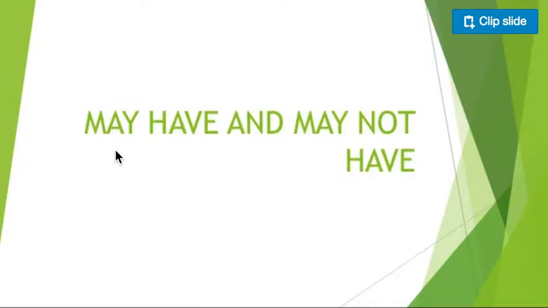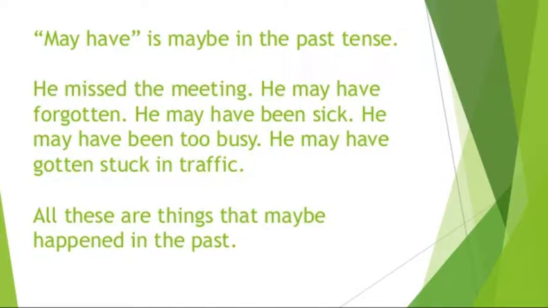Next is may have and may not have. So let us take a look at the usage of those two modals in the past. May have is actually maybe in the past. Maybe I will come tomorrow, that is maybe in the present or in the future. But when you say may have, it is actually maybe in the past.